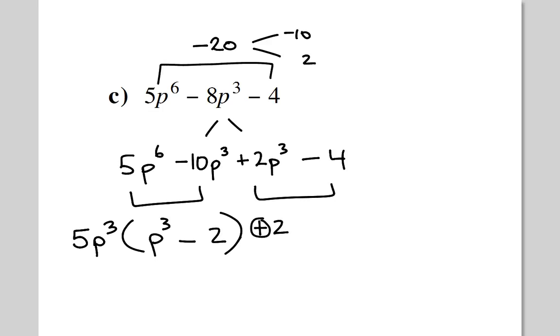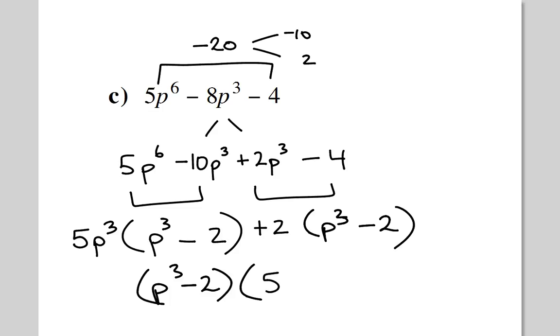Don't ever forget this symbol. Please don't forget that symbol, okay? And you get p cubed minus 2. So they have p cubed minus 2 in common, and the 5p cubed plus 2 is the result, the other factor. What do you guys think of that? Decent?